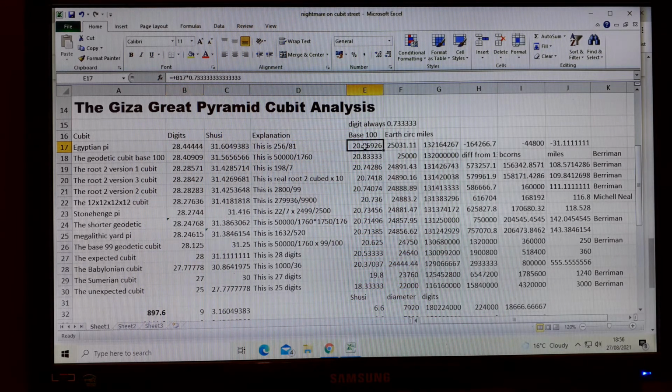And it's producing this cubit and an Earth circumference of 31.111 recurring, which is 44,800 feet for the Great Circle, and that's bigger than the 25,000 mile circumference one, which is not a problem. But what I'm saying is this is the cutoff at Giza.